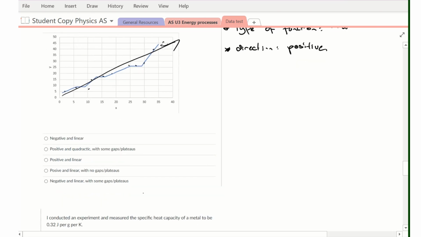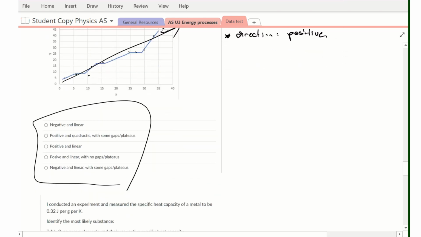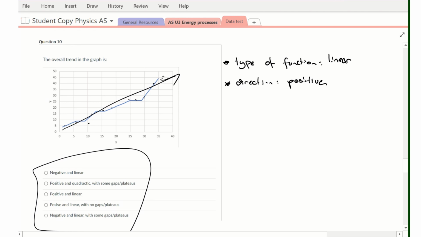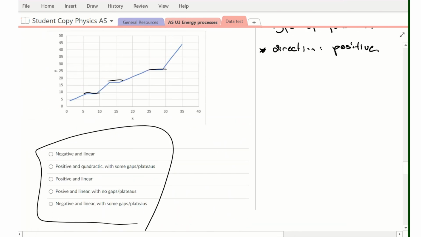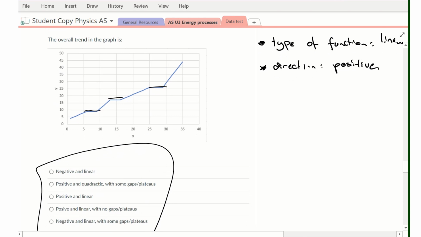Now, there are a couple of other options in this multiple choice. And if we take a look at the actual graph, there are distinct areas where we're getting absolutely no change. So that tells me that that's incorporated within the actual trend of the data. Every so often, we're going to have actual plateaus because they're not just random; they occur quite periodically.